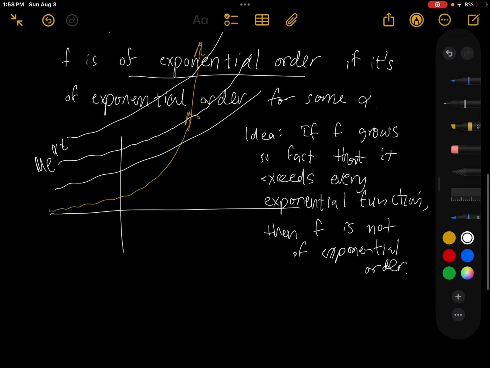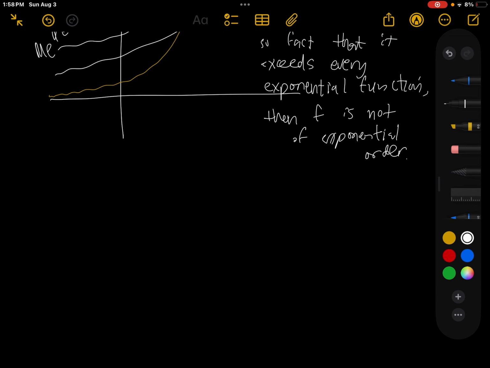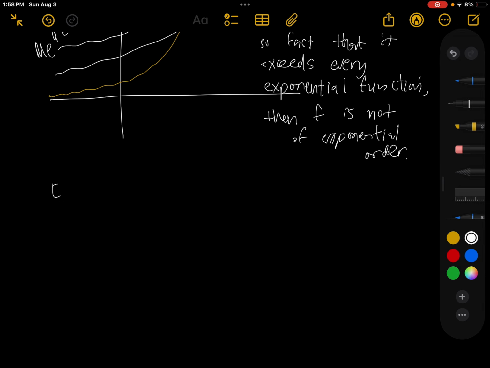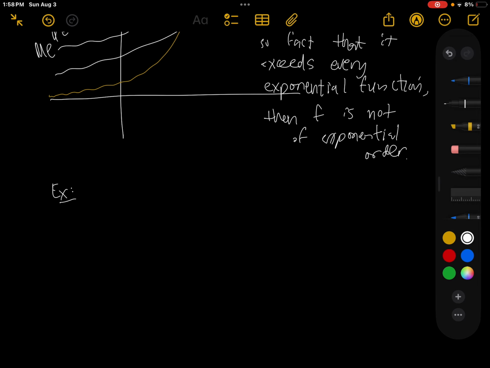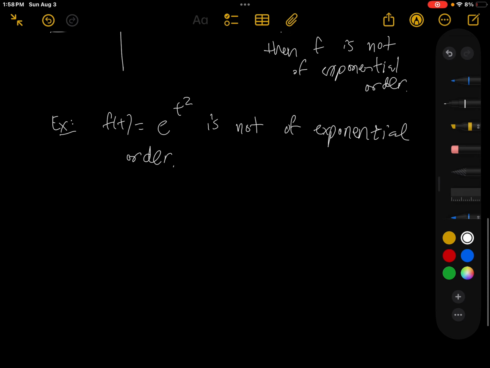Okay. So let's give an example of an actual function that is not of exponential order. e to the t squared is not of exponential order. How do we justify this? Let's think about that inequality.